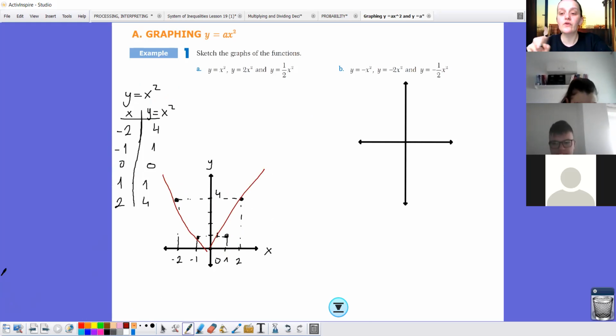It's not correct because this is a second degree function. It has to be a parabola. So I will try my best to draw it. It doesn't seem very good, but it has to be something like this.